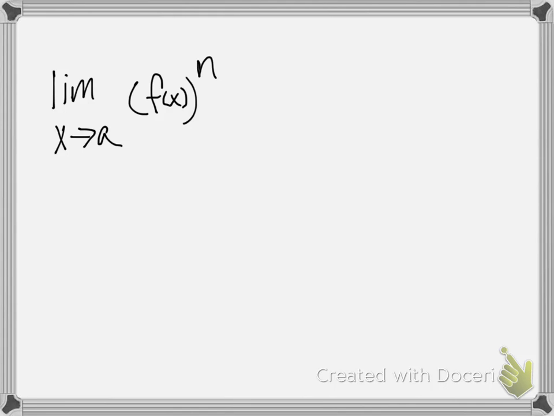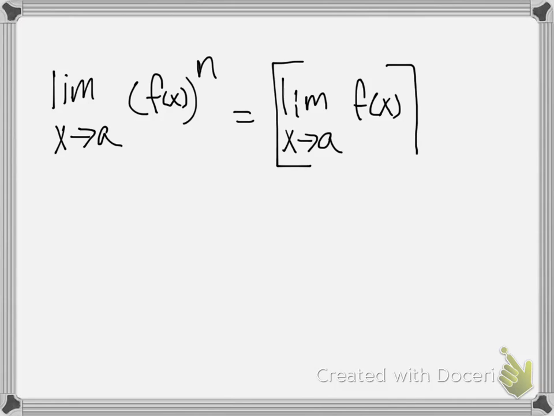One law for limits is that if we have the limit as x approaches a of some f of x raised to some n power, then that is just going to be the same thing as the limit as x approaches a of our f of x, that whole thing raised to some power.